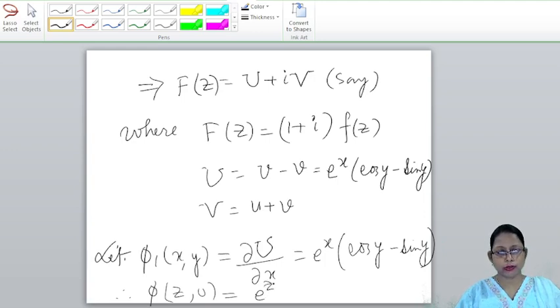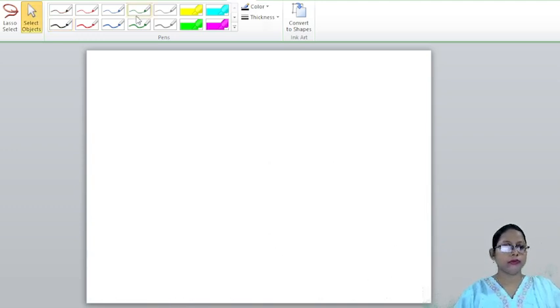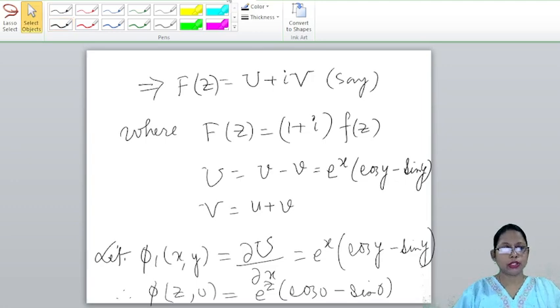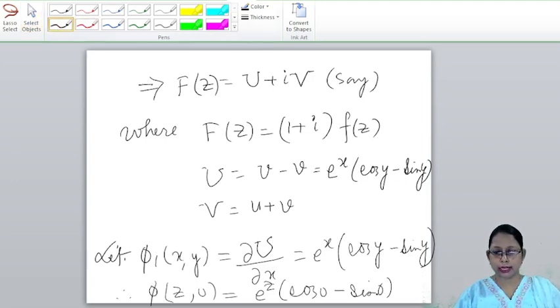This is e to the power z (cos 0 minus sin 0). Since cos 0 is 1 and sin 0 is 0, phi 1 (z, 0) is e to the power z.